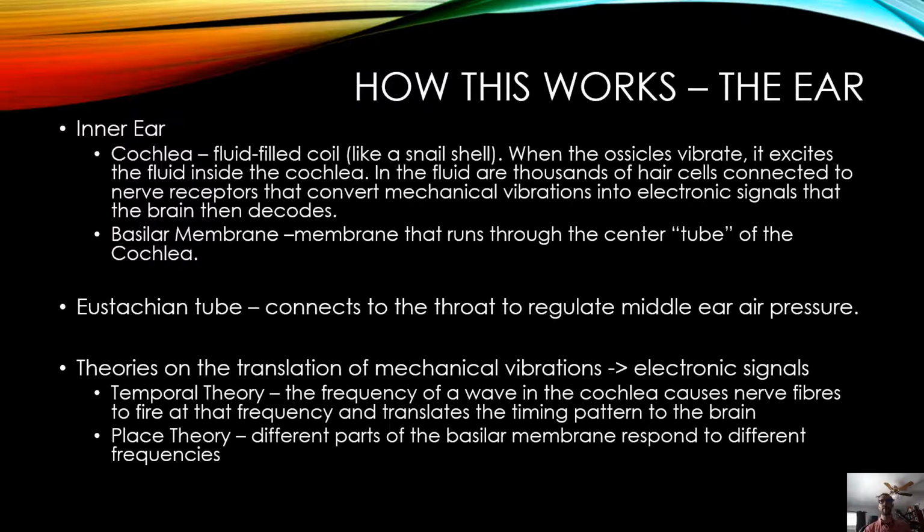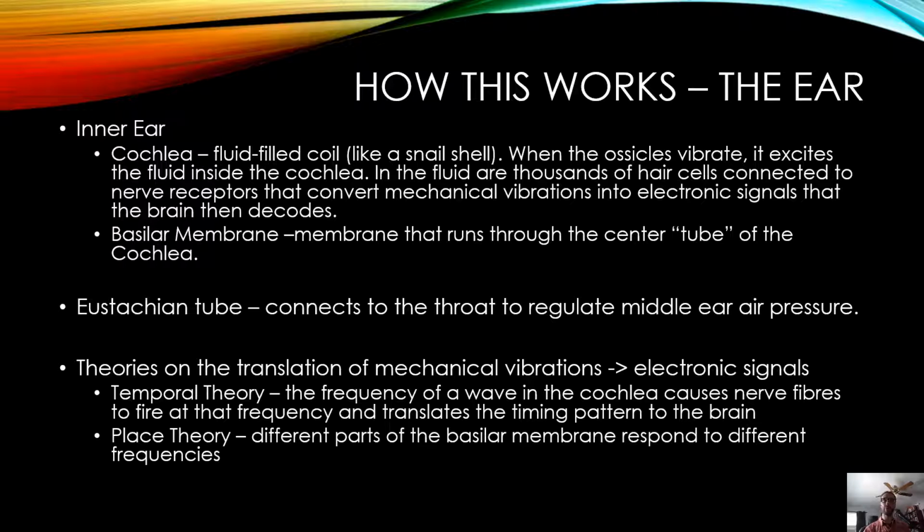Now, how does the transmission from mechanical vibrations to electrical signals occur? There are two competing theories, and no one is 100% sure which one is right. So pick your theory and stake your place and defend it to the death. The theories are the temporal theory, which is that the frequency of a wave in the cochlea causes nerve fibers to fire at that frequency and translates the timing pattern to the brain.